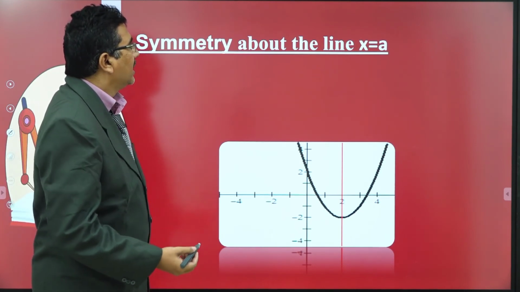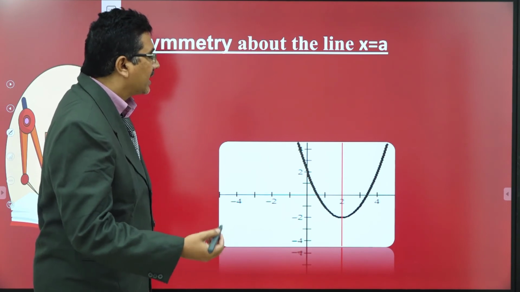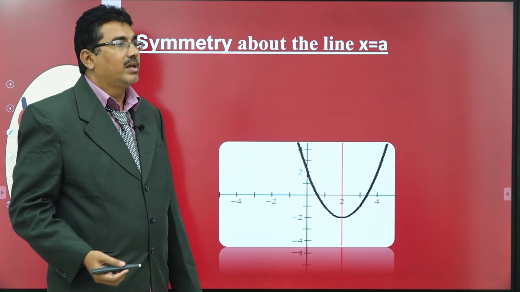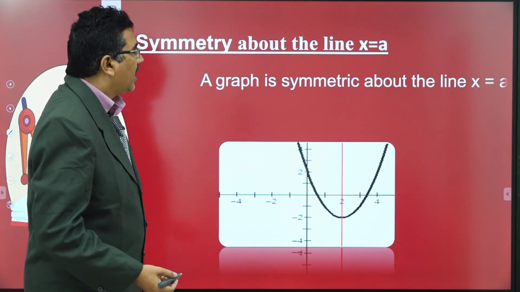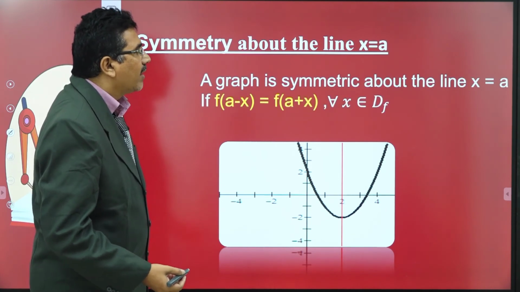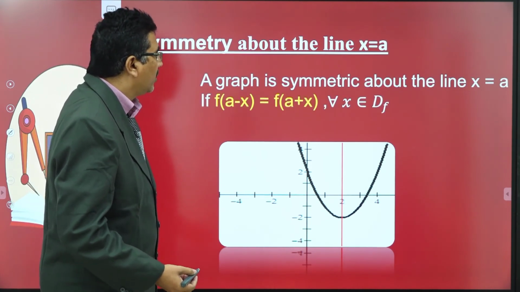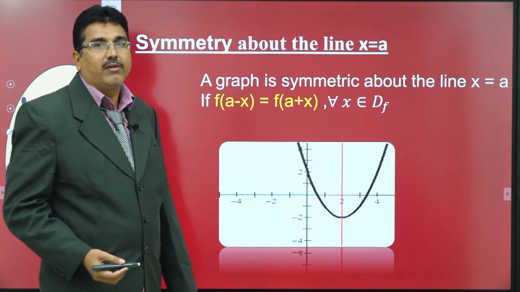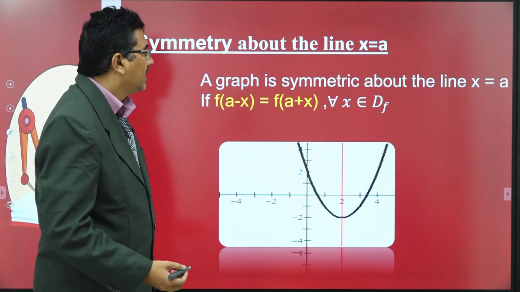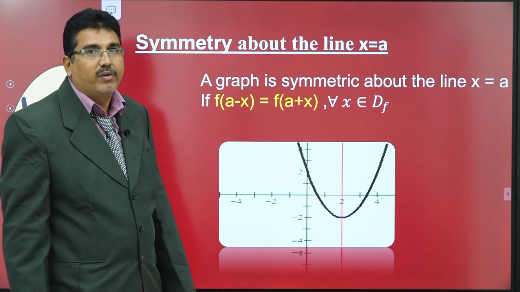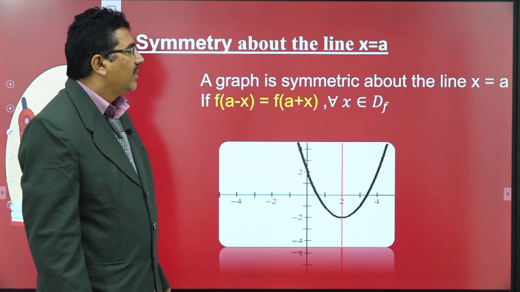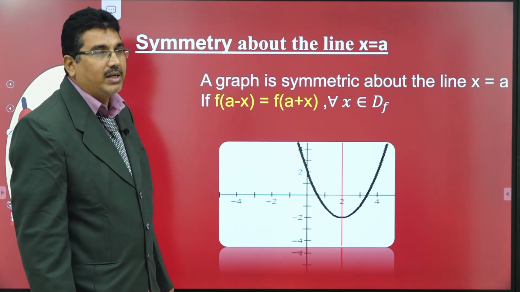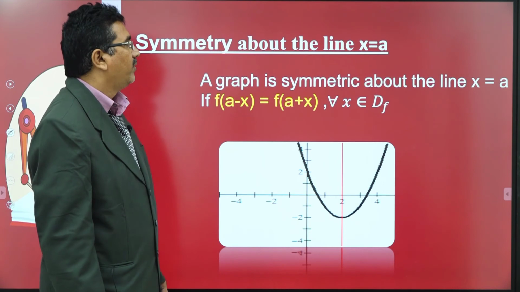So here, symmetry about the line x equals a. A graph is symmetric about the line x equals a if f(a minus x) is equal to f(a plus x) for all x belonging to the domain of f.